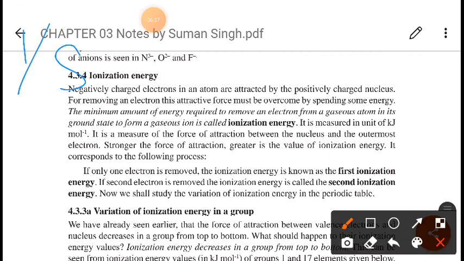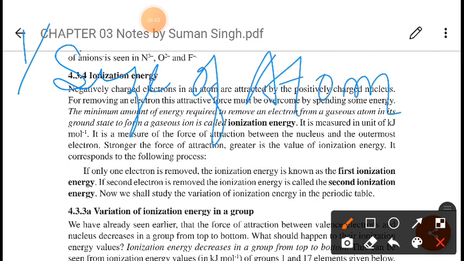When we talk about the size of atom, the ionization energy of an atom is governed by its size. Size here means atomic radius.